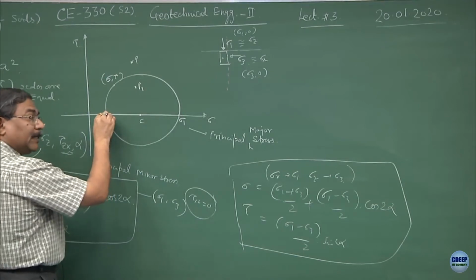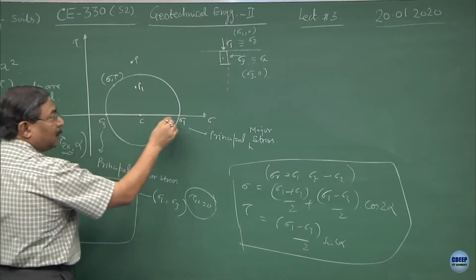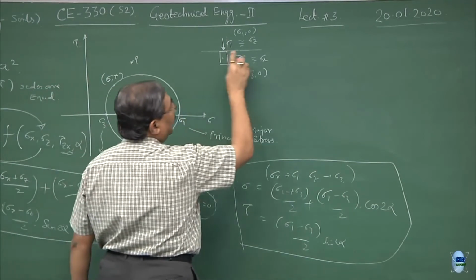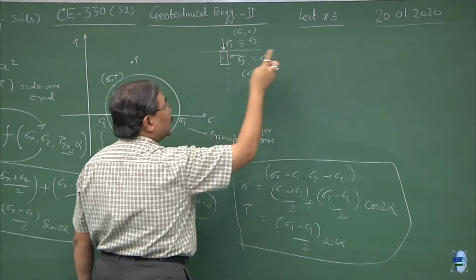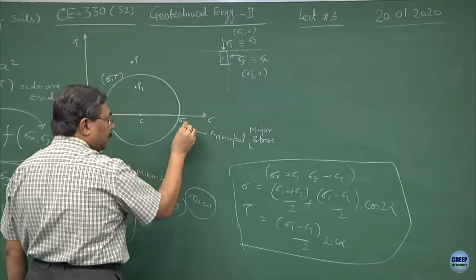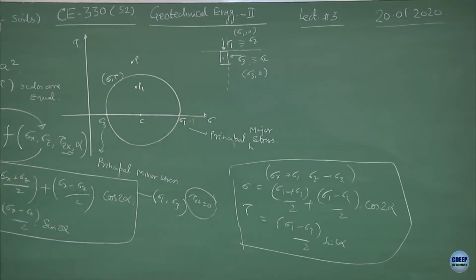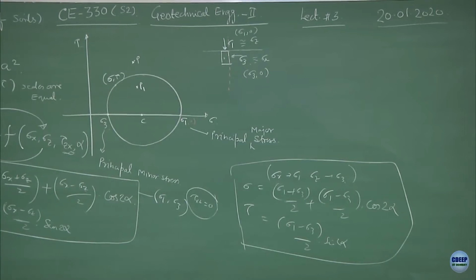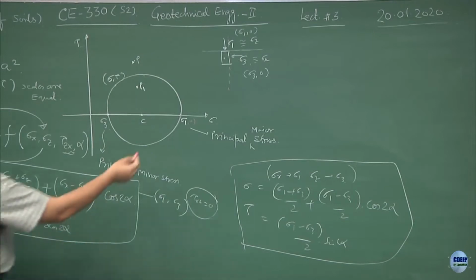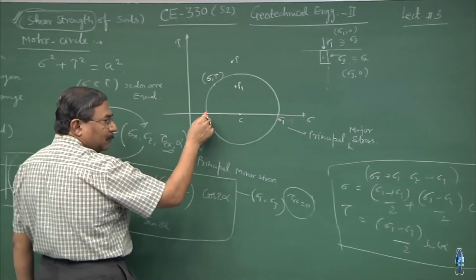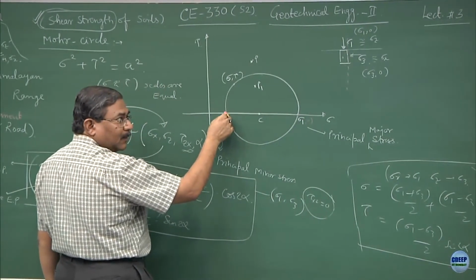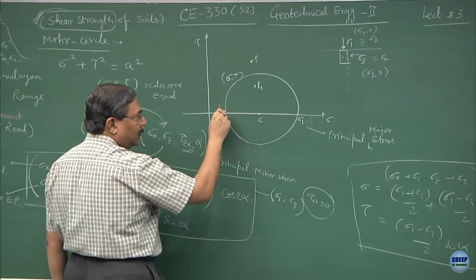Where is sigma 1 acting? On a horizontal plane. So, starting from the state of stress sigma 1 0, if I draw a line which is horizontal, because sigma 1 0 is acting on a horizontal plane, clear, this is going to cut the Mohr circle at sigma 3. So, by the first definition, this becomes the pole.